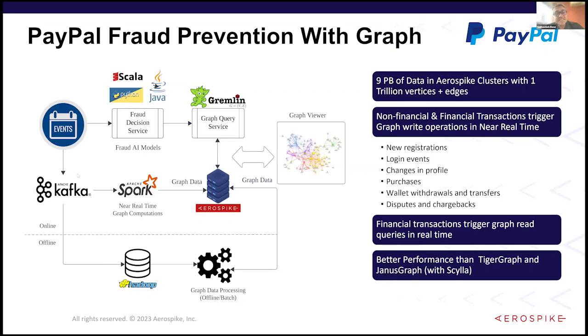Their SLAs in terms of false positives were also overachieved, in the sense that they were able to reduce their false positives by 30 times, a 30x reduction. So this was a very good success metric for them. Fraud dollars wise, they were able to save close to $1 billion a year with this capability. So I'll end there, and I'll hand it back to you, George, and take it from there.